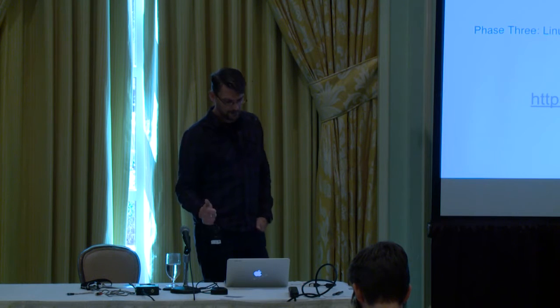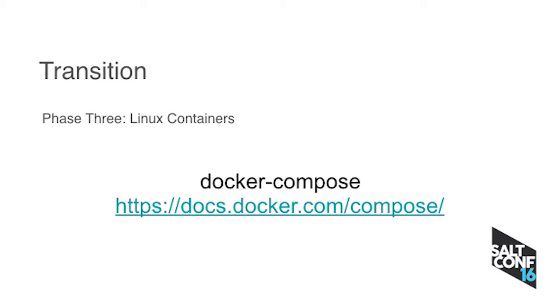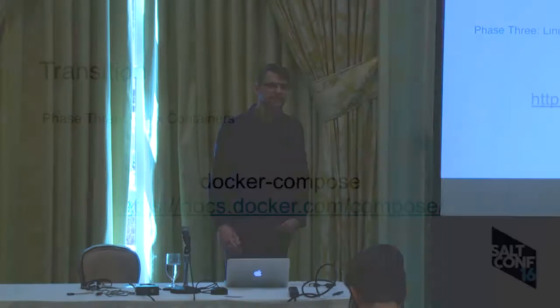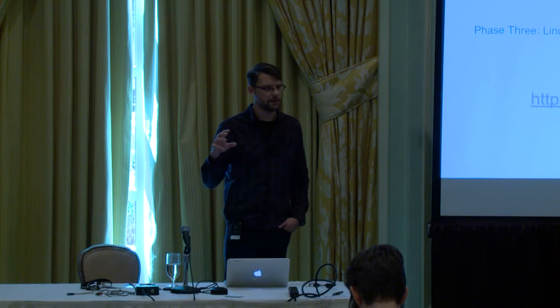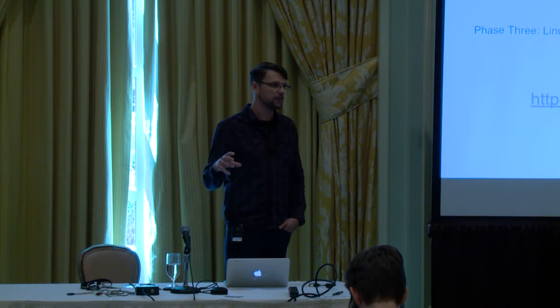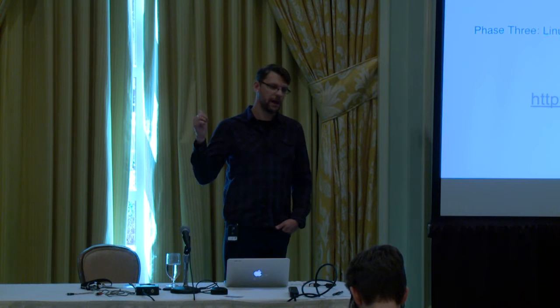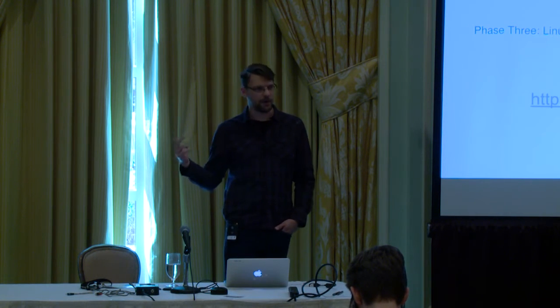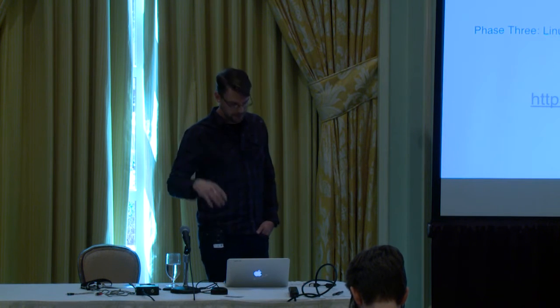In our local development environments, DockerCompose came in really handy. This provided us a really simple YAML interface for describing collections of Docker service containers, right? So I can say, I need a Django stack with Redis and Cassandra and a handful of other things all in a single document, DockerCompose up, really simple, right?